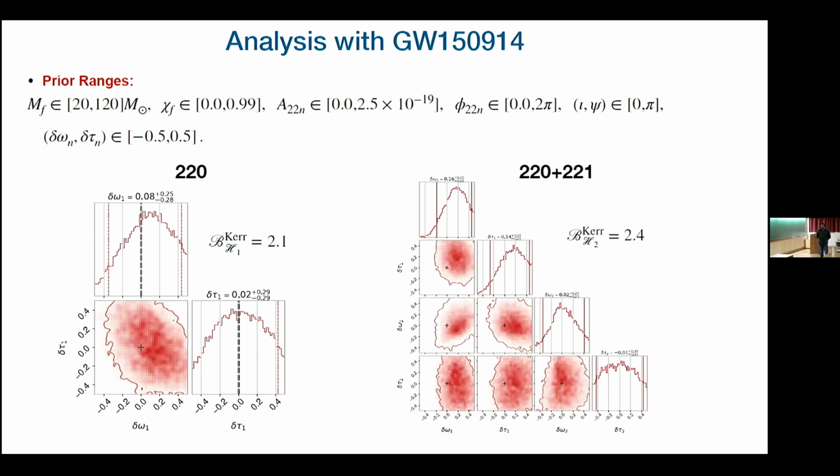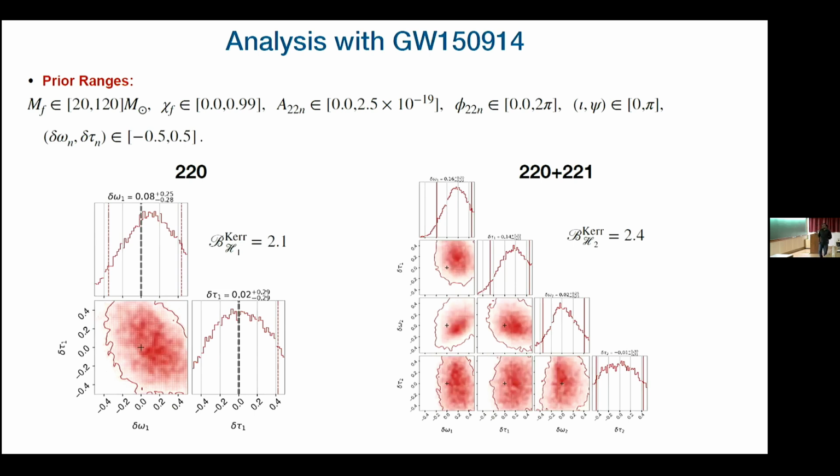First of all, this black line represents the null hypothesis, which is consistent within the 90% credible interval. And the Bayes factor is about 2.1 or so. So what it means is that data favors the Kerr paradigm. In Jeffreys' criteria this is not a very big number, but because it is greater than 1, you can say that data prefers the Kerr paradigm.